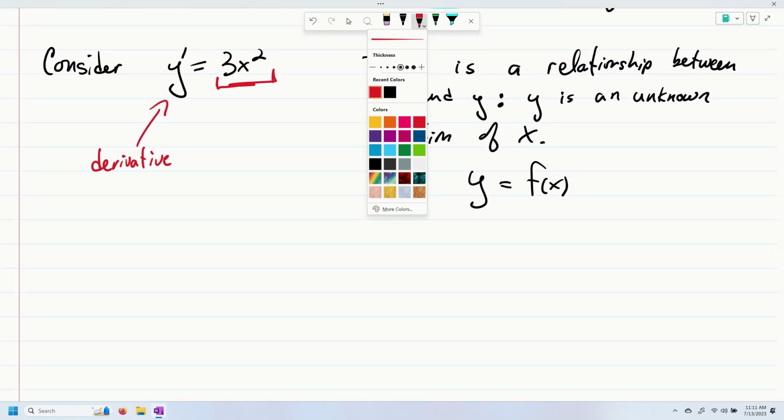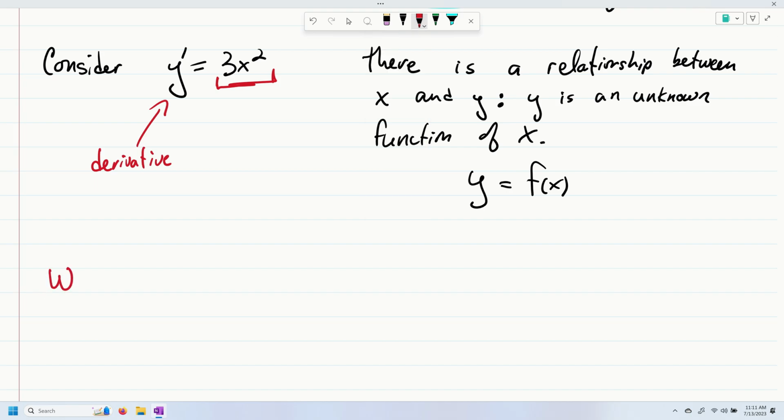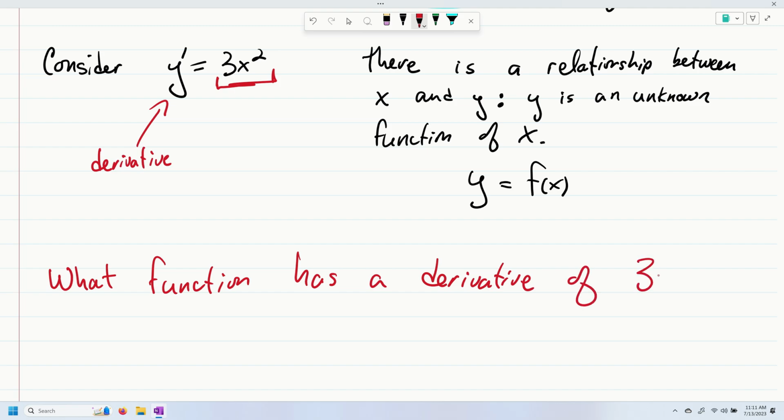So what function, I'm going to write this in red, has a derivative of 3x to the second? And if you just take a second and think about it, I think you will come to realize that that magical function is just y equals x to the third power.